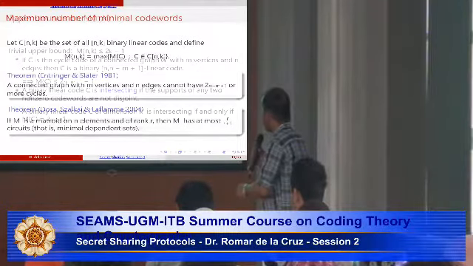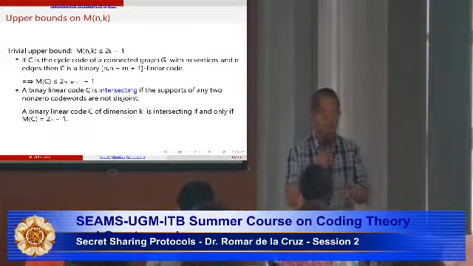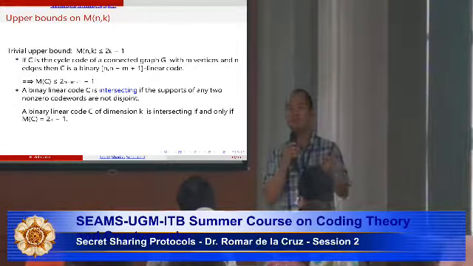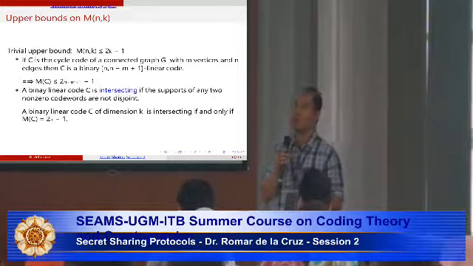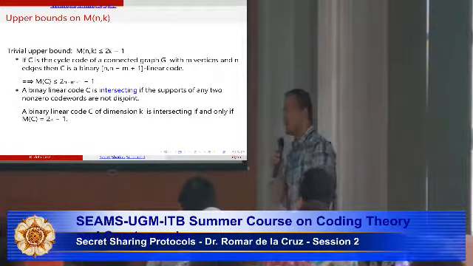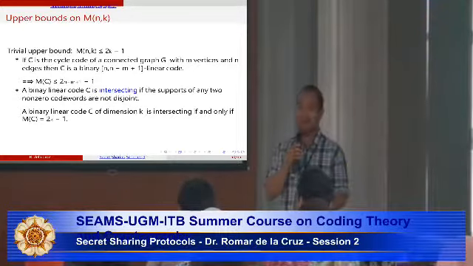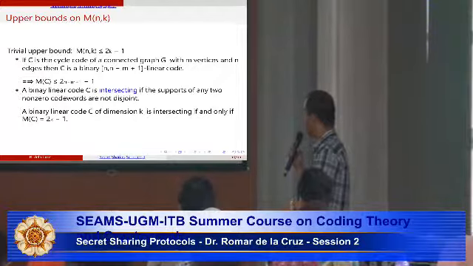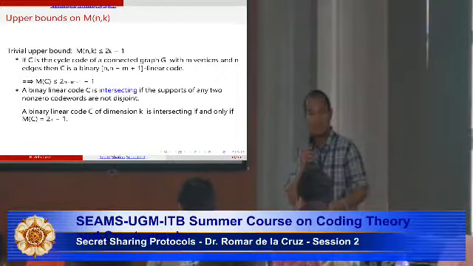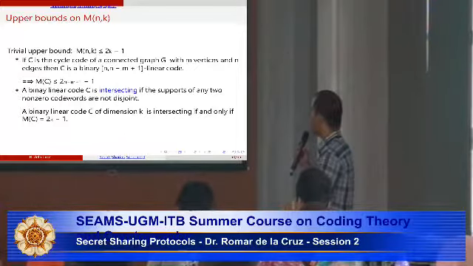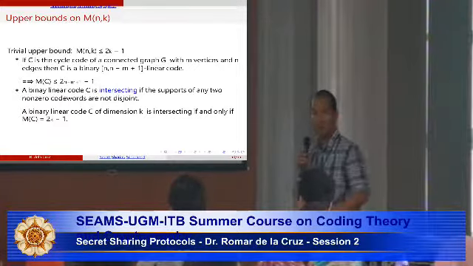So we look at the case of binary linear codes. An easy upper bound is the following. If you have an (n,k) binary code, the number of code words is 2^k, so the number of minimal code words is at most 2^k - 1. So it's the trivial upper bound. But if you apply it to the cycle space of the graph, recall that the cycle space is an (n, n-m+1) linear code.